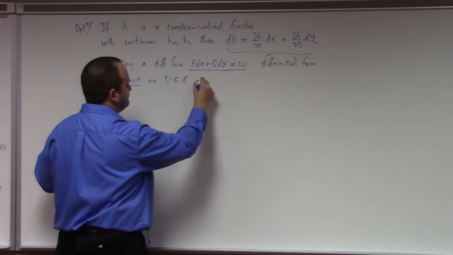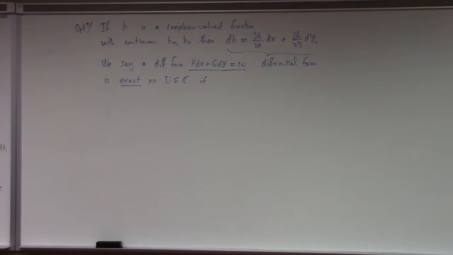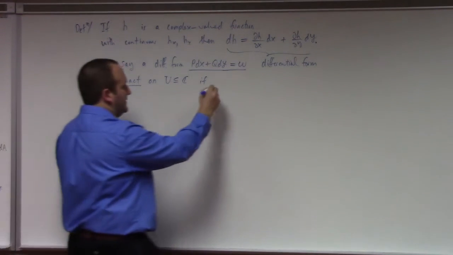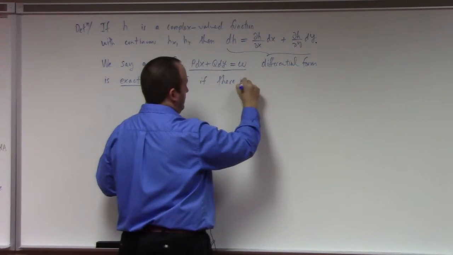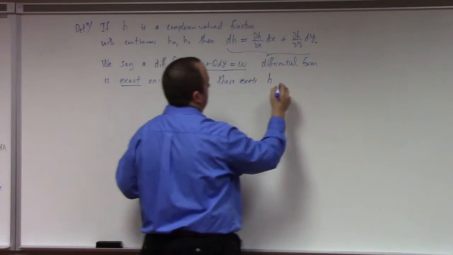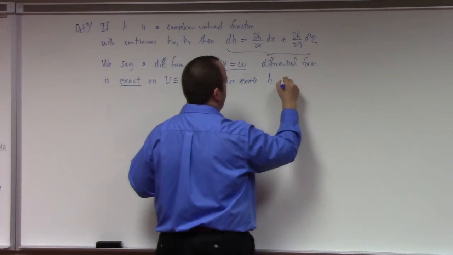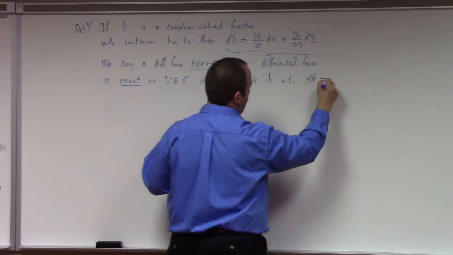What does it mean for it to be an exact form? If there exists H such that dH equals omega.